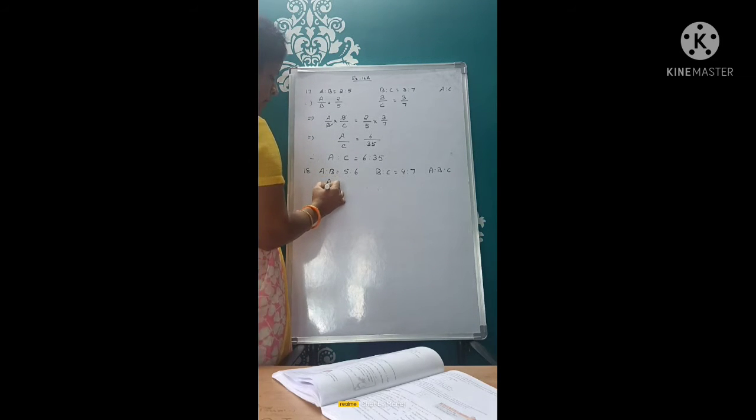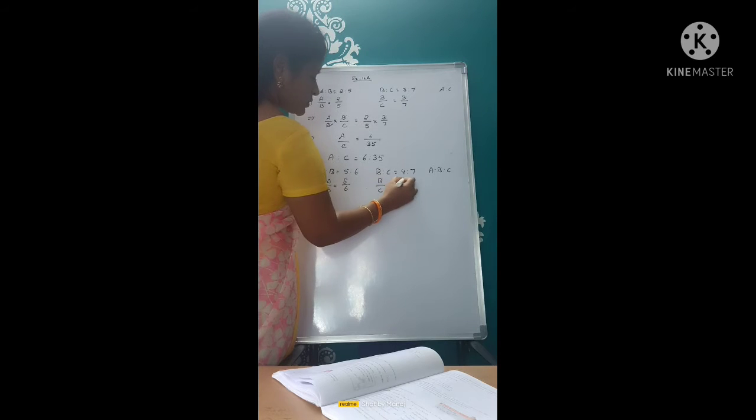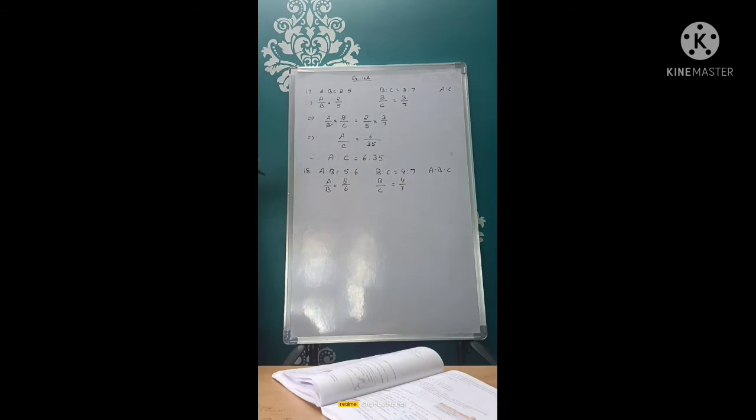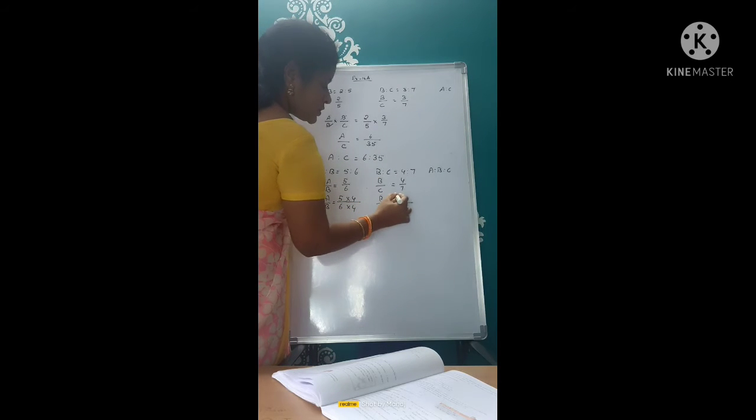So A by B equals 5 by 6, B by C equals 4 by 7. So equate the B part. Here 6 is there, here 4 is there. So both numerator and denominator are multiplied by 4 here. So A by B equals 5 into 4 by 6 into 4, and here you just multiply by 6. So B by C equals 4 into 6 by 7 into 6.